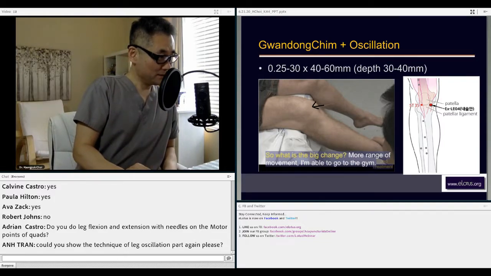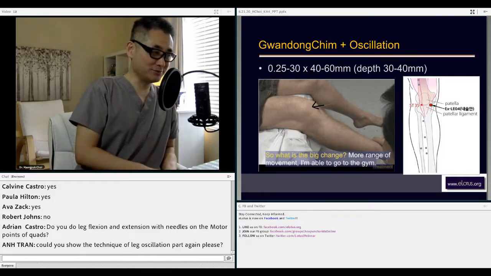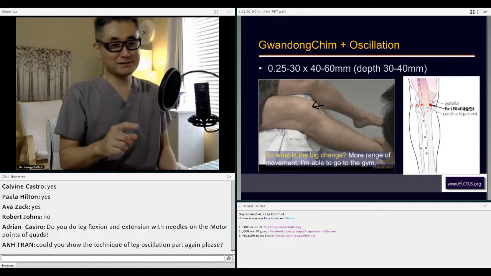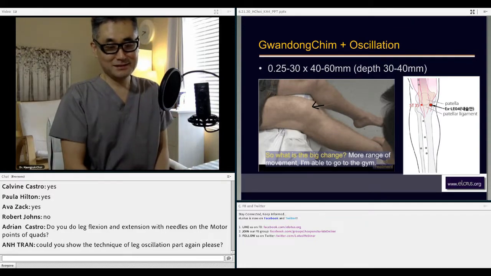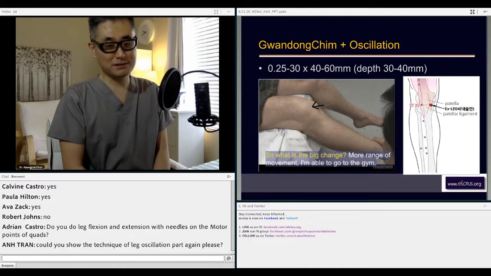Do you do leg flexion and extension with needles and a motor point quad? Yes, I do, but I'm not teaching that for this knee joint pain patient because I usually do those techniques for the hemiplegia patient and foot drop patient, not for the knee joint patient. But sometimes I do too. And Dr. Shin, he does that technique a lot.